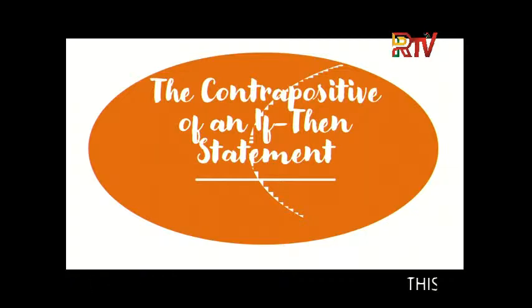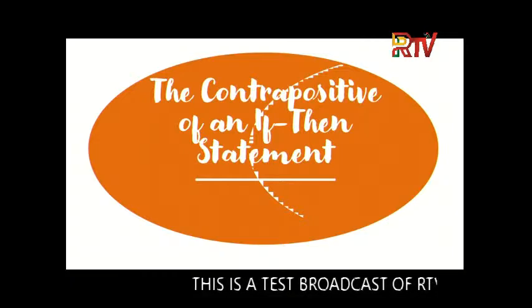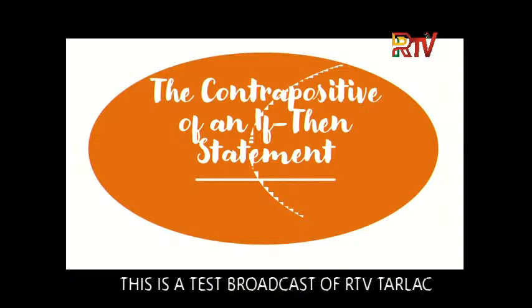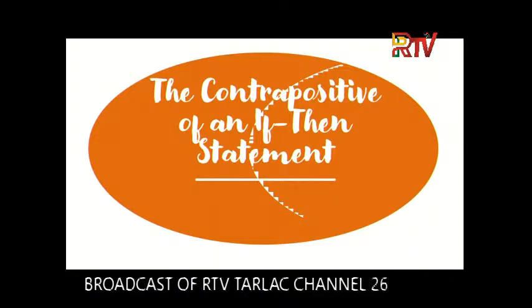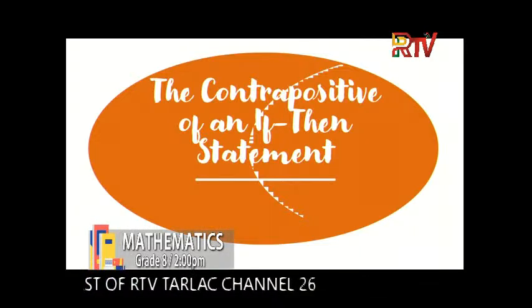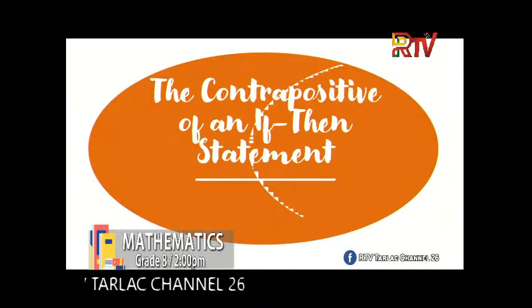Okay? That's great. Moving on, let us continue with writing the contrapositive of if-then statements. We are done with converse, we are done with inverse, so we will now proceed with the third one.